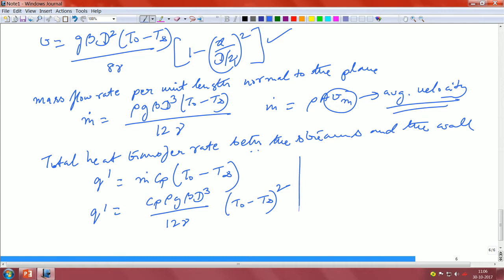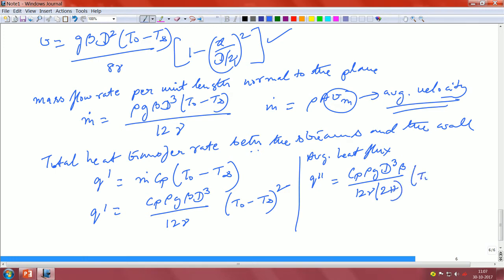Okay. So, the average heat flux, that flux term, q double prime will be equal to Cp rho g d cube into beta divided by 12 gamma by 2h, times (T naught minus T infinity) square.